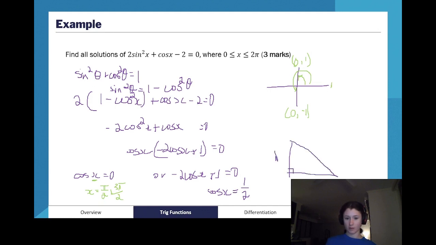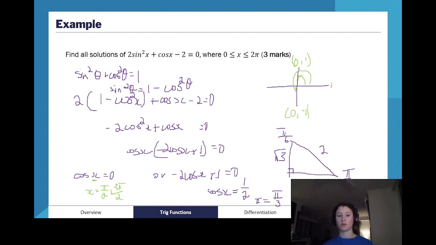So we're going to have root 3, 2, 1. Cos is equal to a half when we have the adjacent over the hypotenuse. So this is going to be when x is equal to pi over 3.